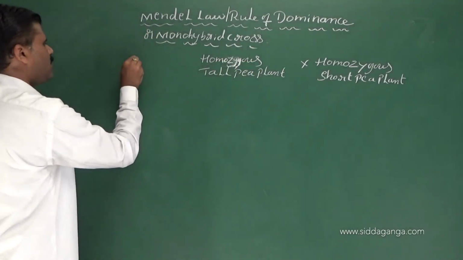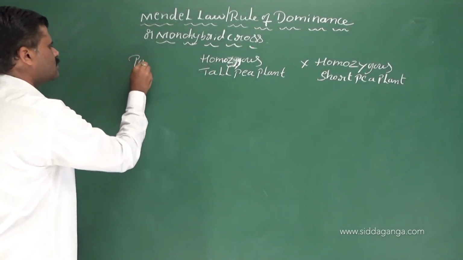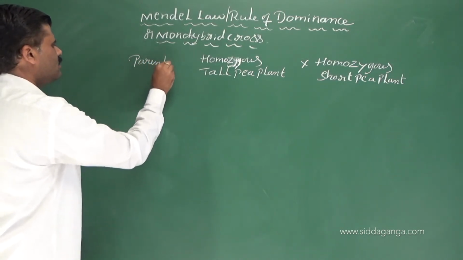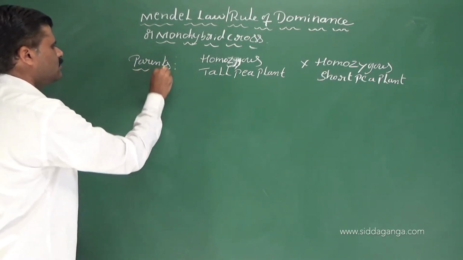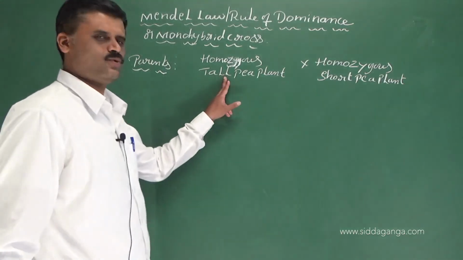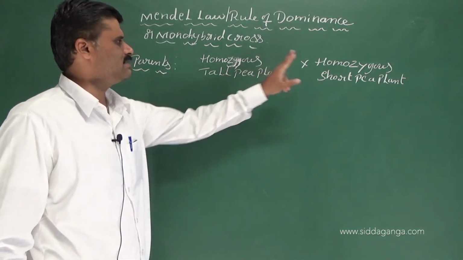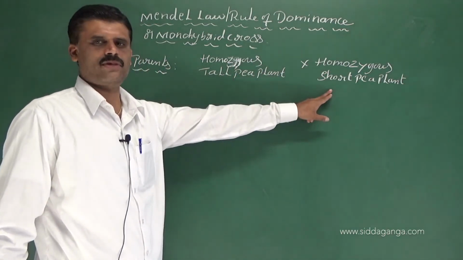These are the parents. Mendel taken two pea plants, that is homozygous tall pea plants and homozygous short pea plants.